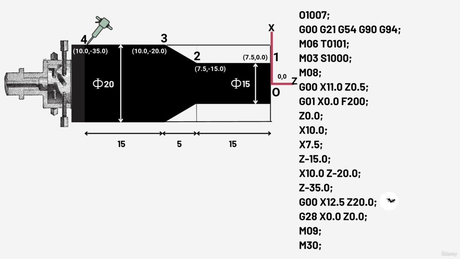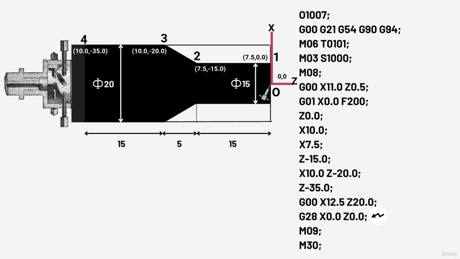Since the machining has been completed, we need to retract the tool via rapid movement and also to get the tool away from the workpiece. So we shall write G00 X12.5 Z20.0. To return to machine 0 position and return all the axes, we will now write the G28 code followed by X0.0 and Z0.0.